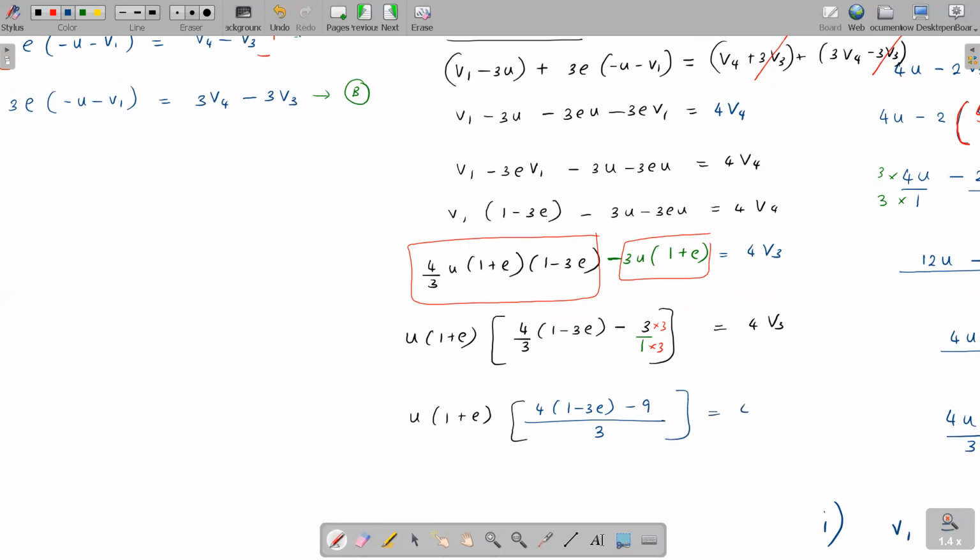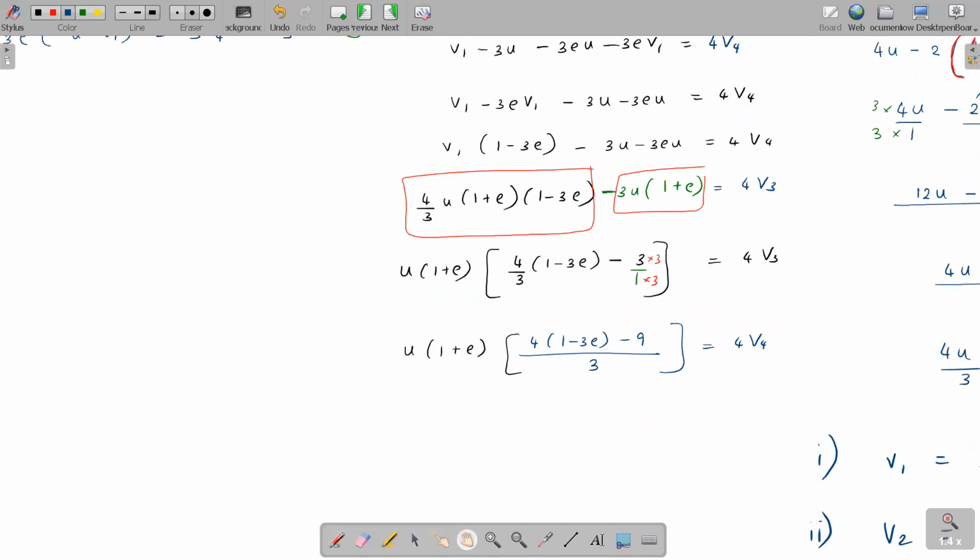Do you agree? So I end up getting u times (1 plus e) times (4 minus 12e minus 9). The bracket opens with 4 times 1, 4 times 3. Over, there's a 3 here, so I can take 3 down. And actually this is equal to 4 times v4.